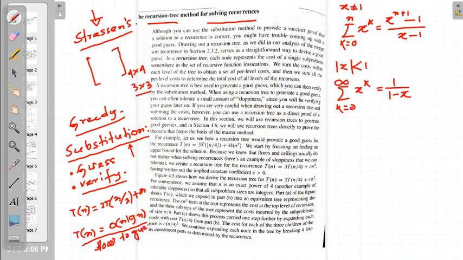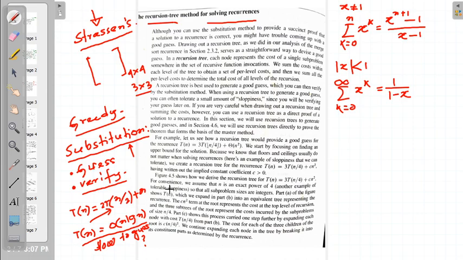So this is the central question. Whenever I see a known recurrence, fine, but if I see a little bit awkward looking recurrence, then how to guess a solution? That is the central question.